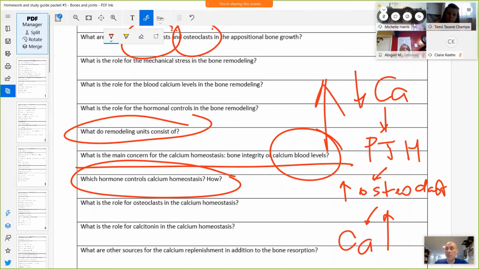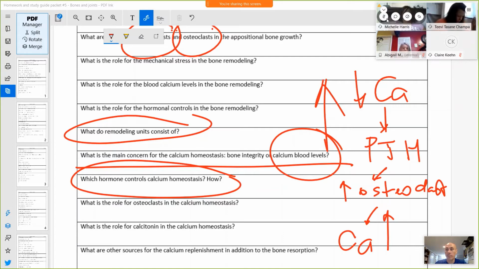Michelle, you're unmuted. You can say. They're going to go up. Right. What's going to happen to the bones in that patient? How are they going to look? Brittle. Yep, because PTH removes all the calcium. Does that make sense? That can be an actual clinical condition.